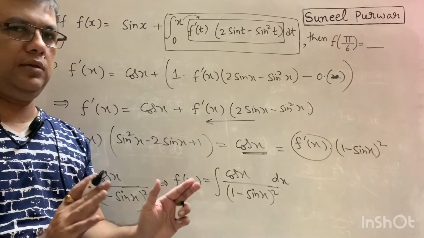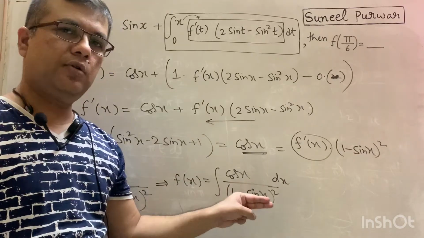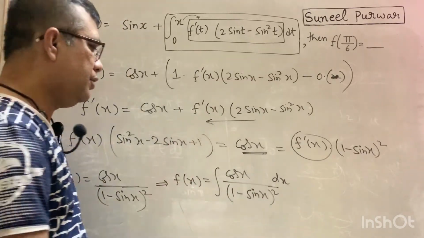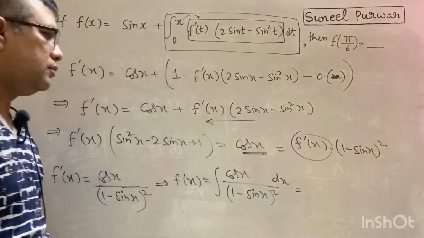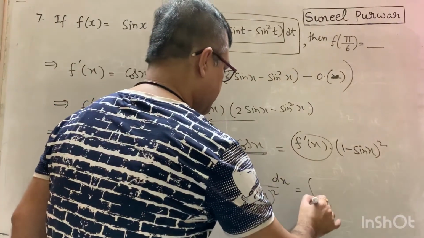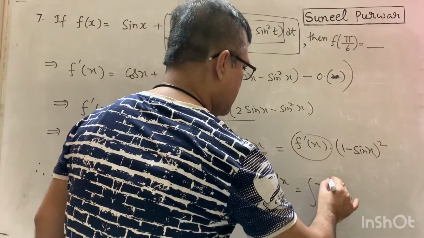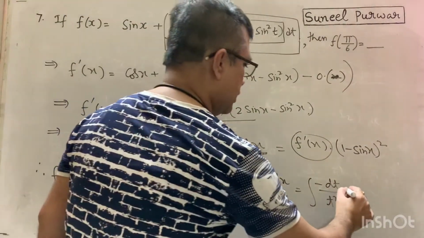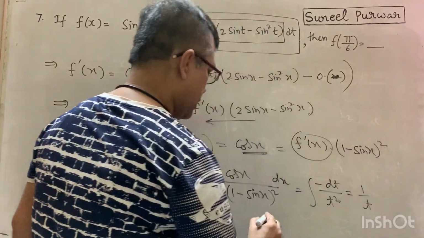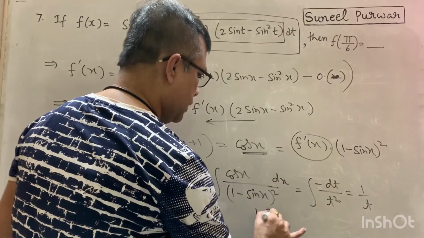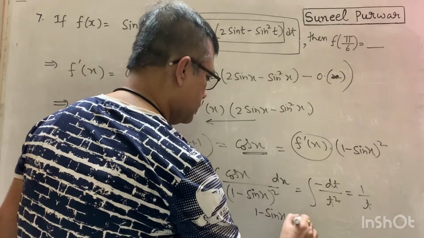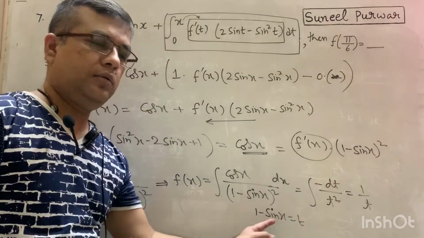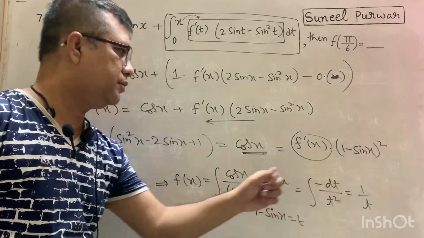What are you going to get? Integral of minus dt upon t square, and this will become 1 by t. I repeat, the substitution is 1 minus sin x equal to t.